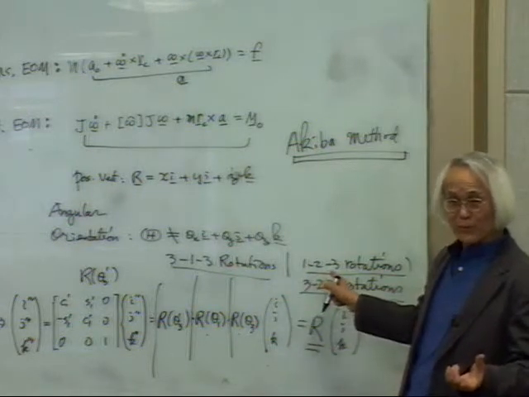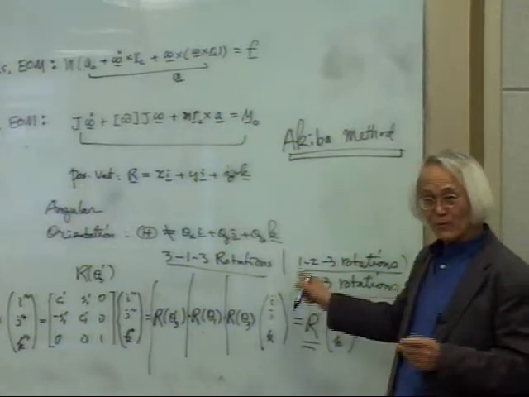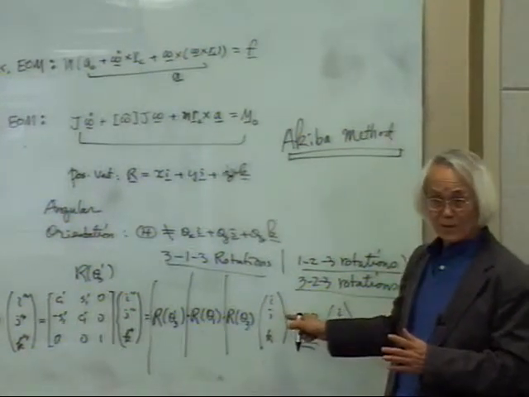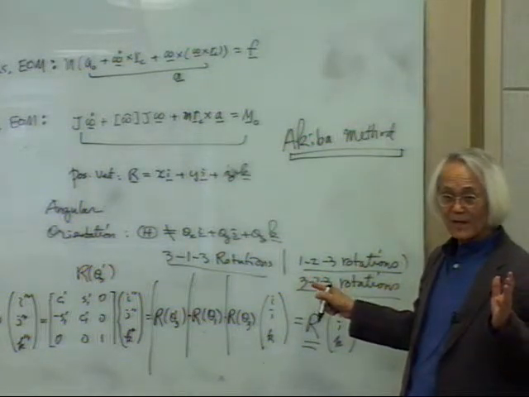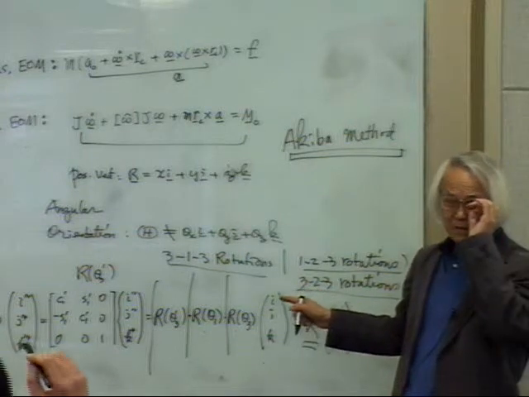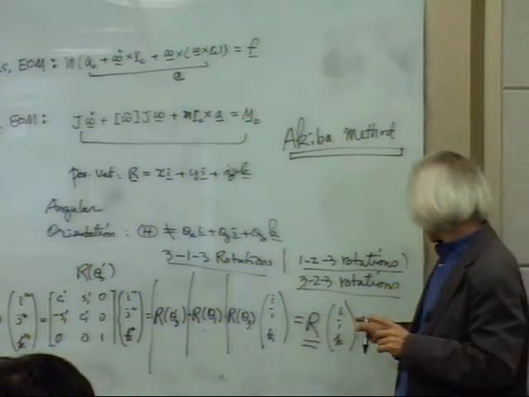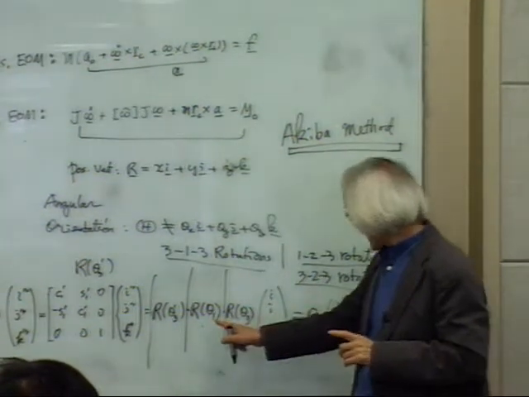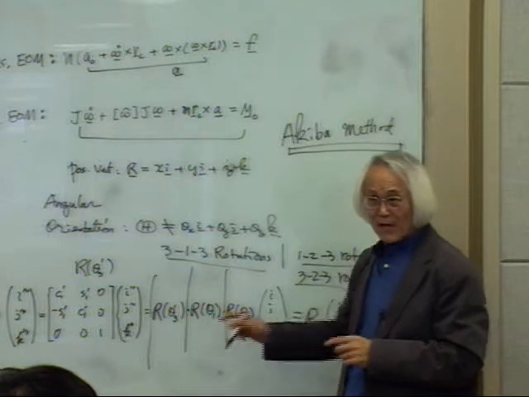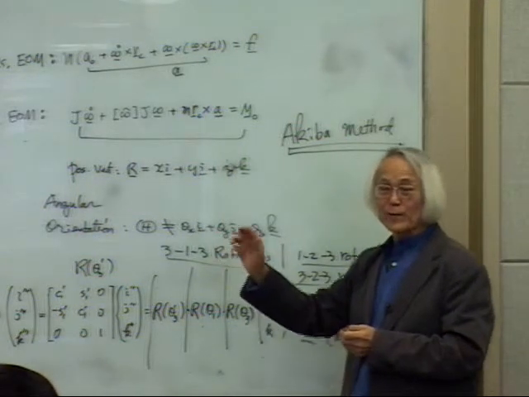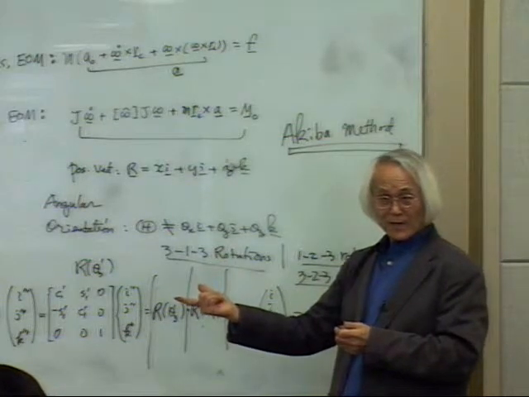I'm going to use a 1-3 rotation, then you have a formula. I'm going to use a 3-1-3 rotation, you have a different formula. That's all. Okay? Is 3-1-3 equal to 3-3-1? Yeah, but the angle would not be the same. The amount of angle depends on what sequence of rotation you went through. Okay? Yeah.